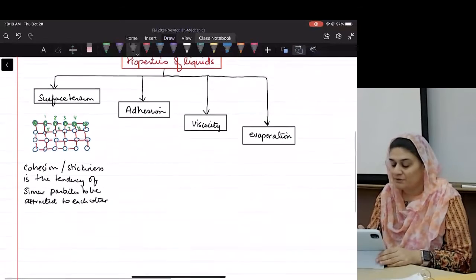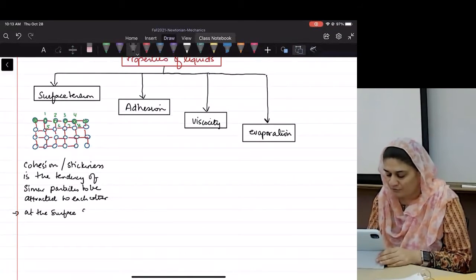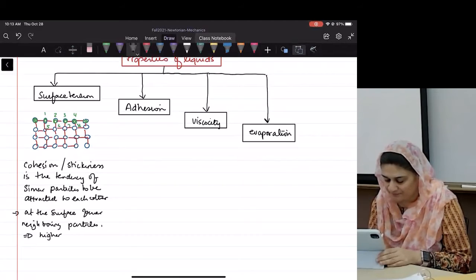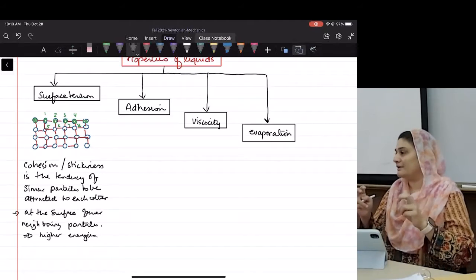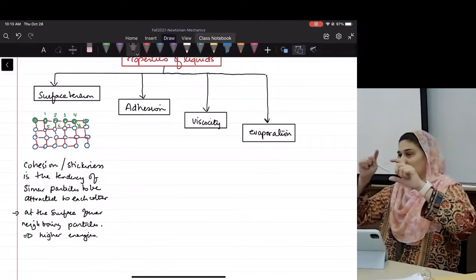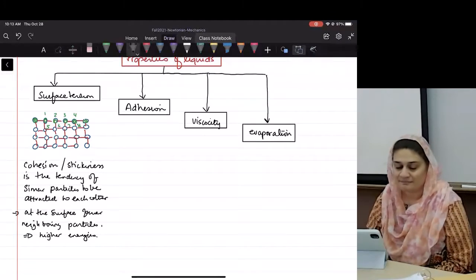In other words, you could also say at the surface, fewer neighboring particles implies higher energy, higher pull energy, right? Versus the same force divided over 4 sides, same force divided over 3 sides.